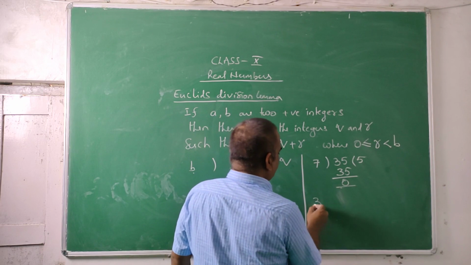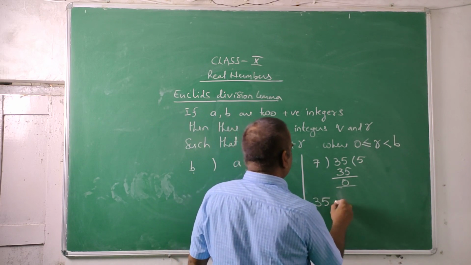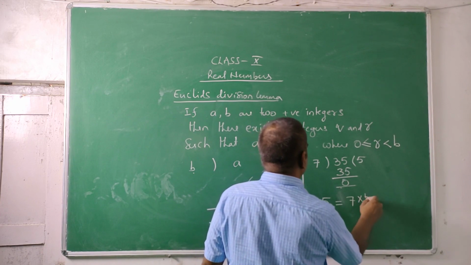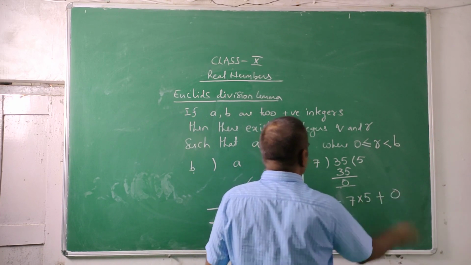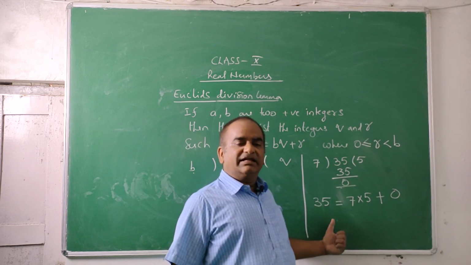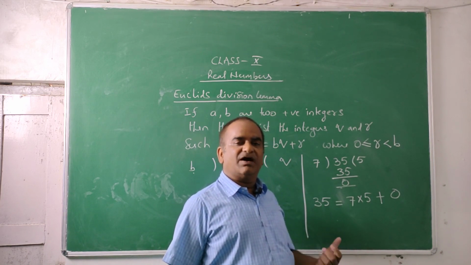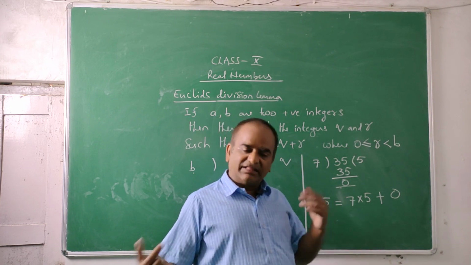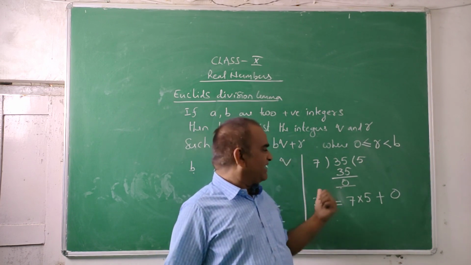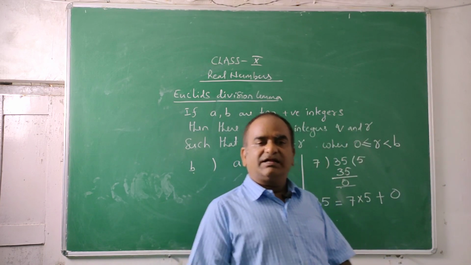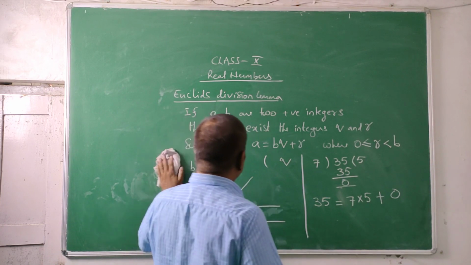Then according to Euclid's division lemma, 35 is equal to 7 into 5 plus 0. It's the same thing: dividend is equal to divisor into quotient plus remainder. The same thing explained in other ways, right? So now let us take another example.